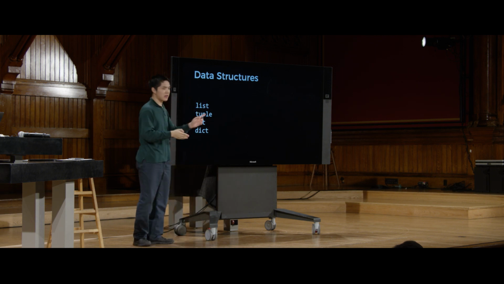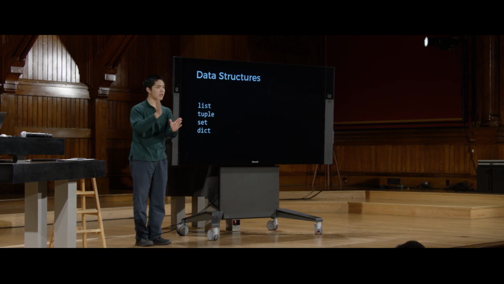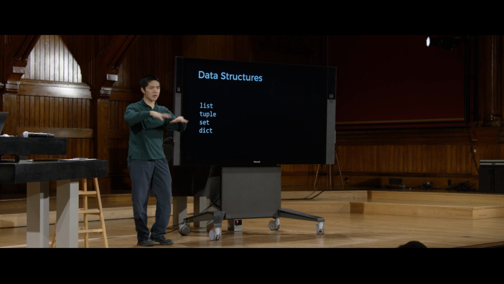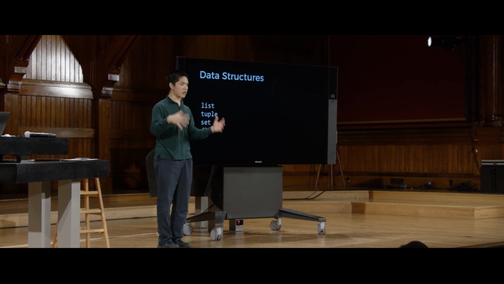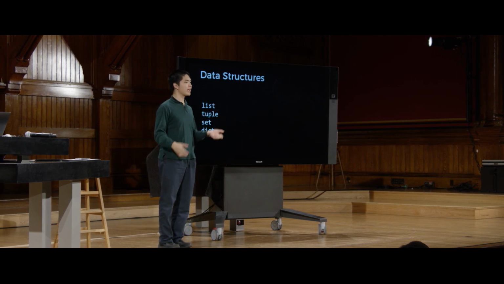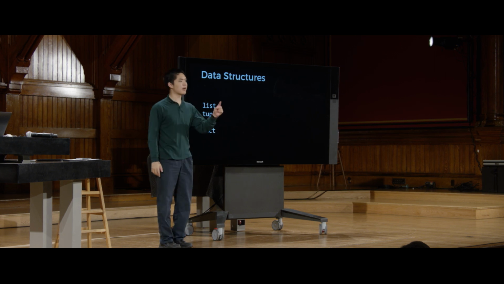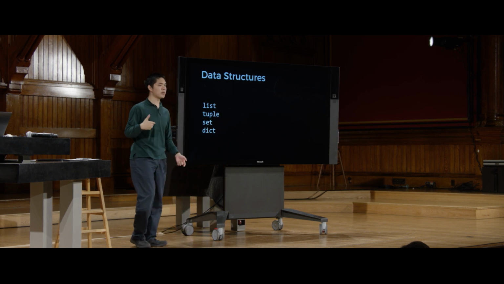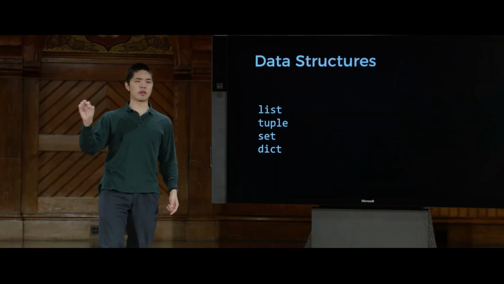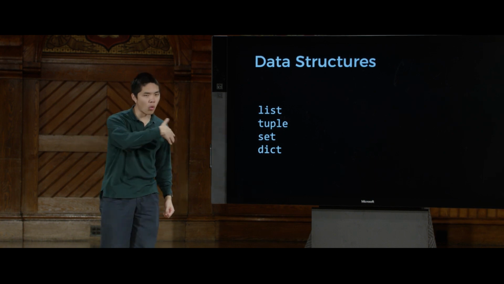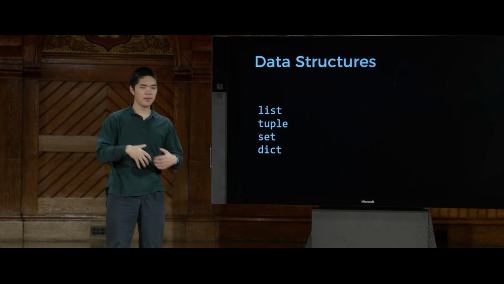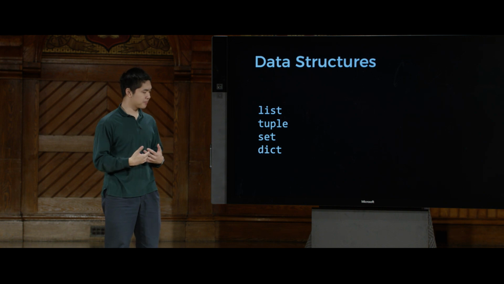Unordered, great. So a list is stored in order. There's a first element, second element, third. Inside of a set, there's no ordering to any of the elements. They're all in the set, and you can ask questions like, is this value in the set? I can add a value to the set. I can remove a value from the set. But I can't say, get me the first thing in the set, because there's no ordering to elements in the set. They're all unique, but there's no order in particular to them.